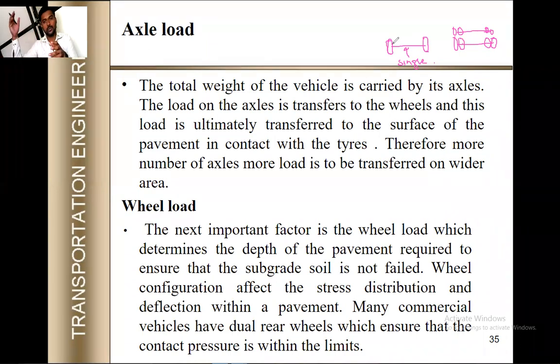Whatever load comes from the vehicle to the axle, that axle load comes onto the wheel, and that wheel load is transferred to the pavement. Depending on how much load there is, we will design for a single wheel or double wheel axle. If the load is less, then we can go with the single axle.